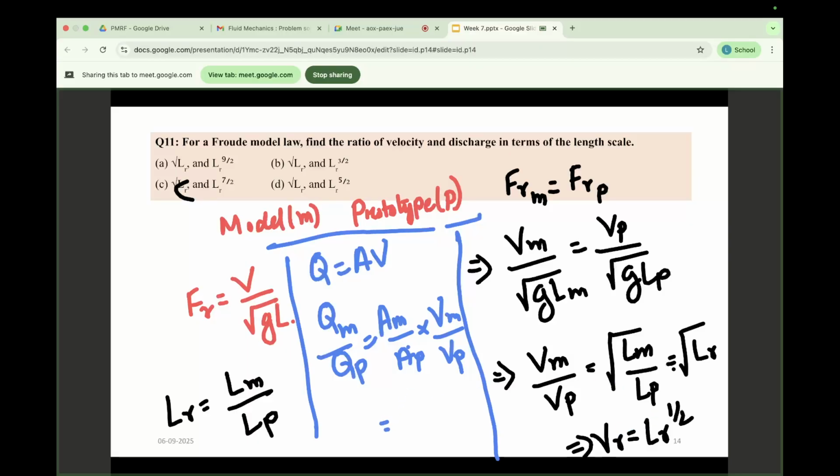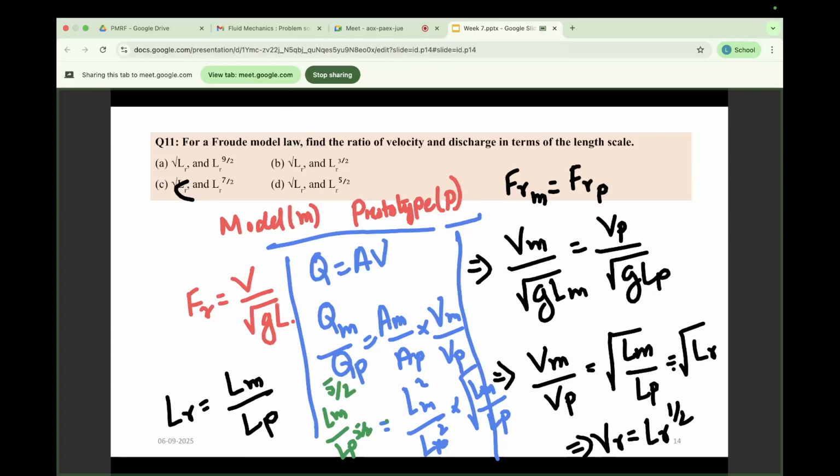And for area I can write Lm square by Lp square. Similarly here I can write root Lm by Lp. Ultimately you will get this as Lm to the power 5 by 2 over Lp to the power 5 by 2.